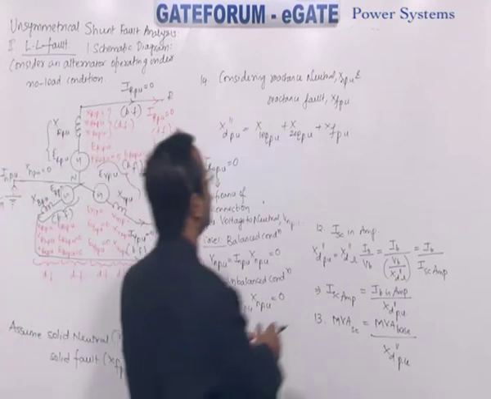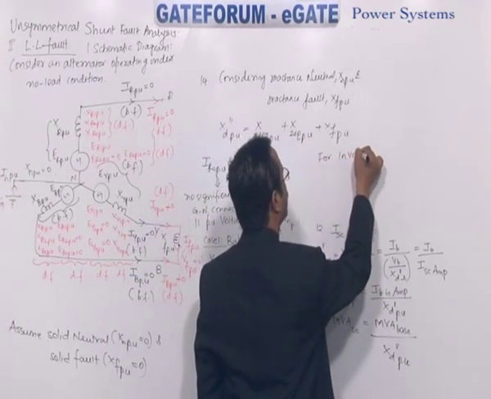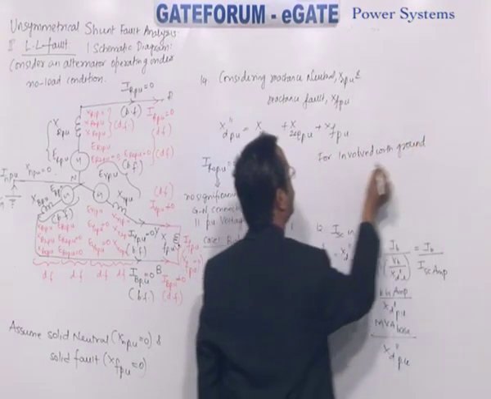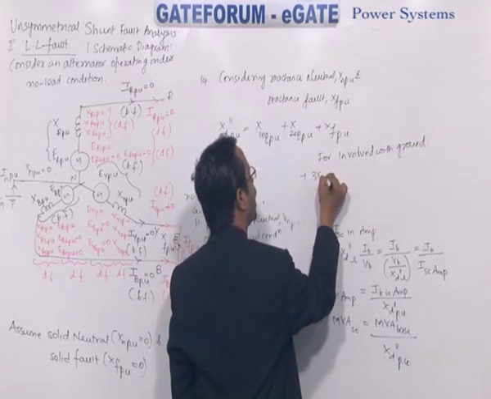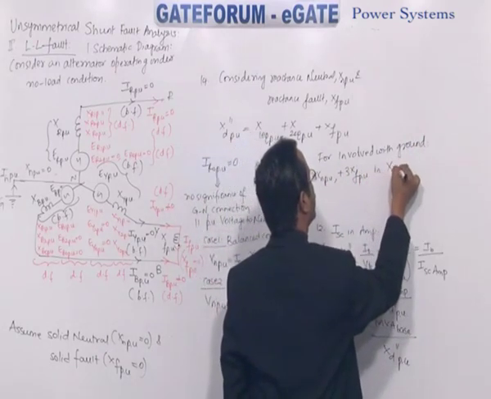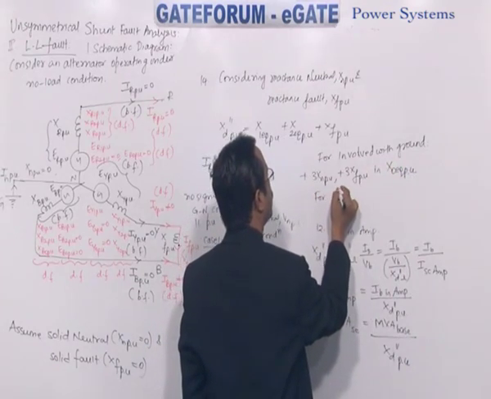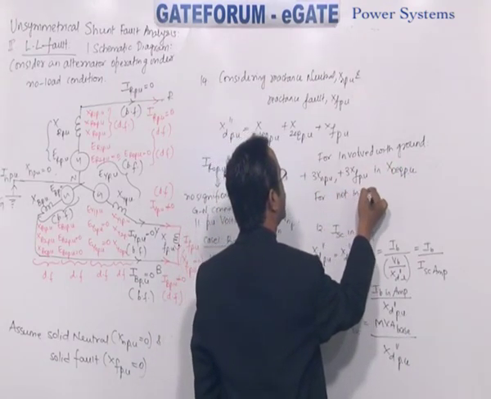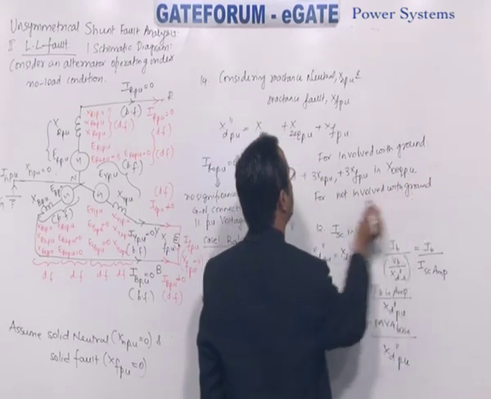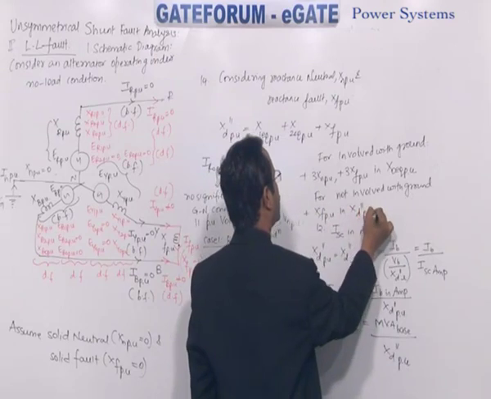So to make it clear, for faults involved with ground, add 3Xn and 3XF per unit in X0 equivalent per unit. For faults not involved with ground, you add only XF per unit in the expression of XD double dash per unit.